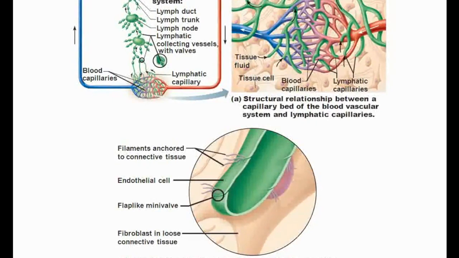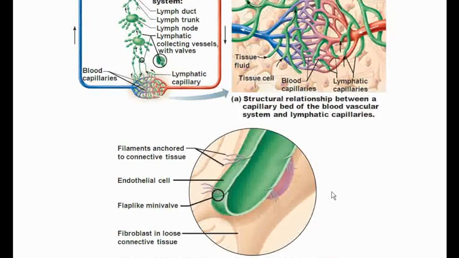It's got a cap on the end. It's not open to another vessel. It's just sitting there and it's blind-ended right here. So there's no flow over here. This is the end of the capillary. Fluid can only go one way, back the other way. So whatever tissue's out here, it'll drain it and it'll take it a certain direction, won't it? Cool. We'll talk about how it goes a certain direction in a little bit.